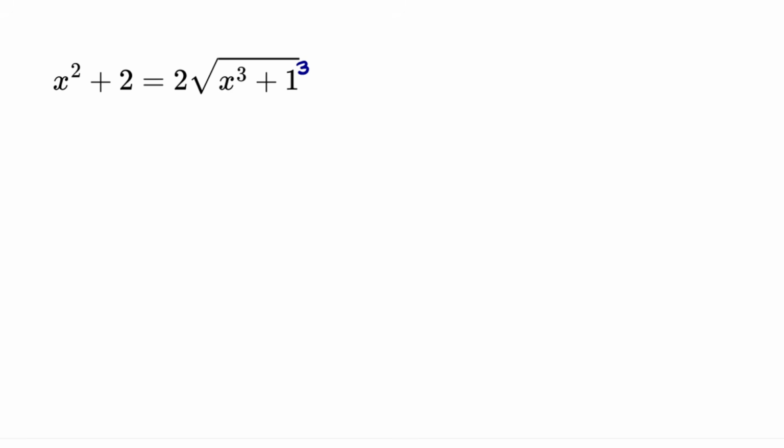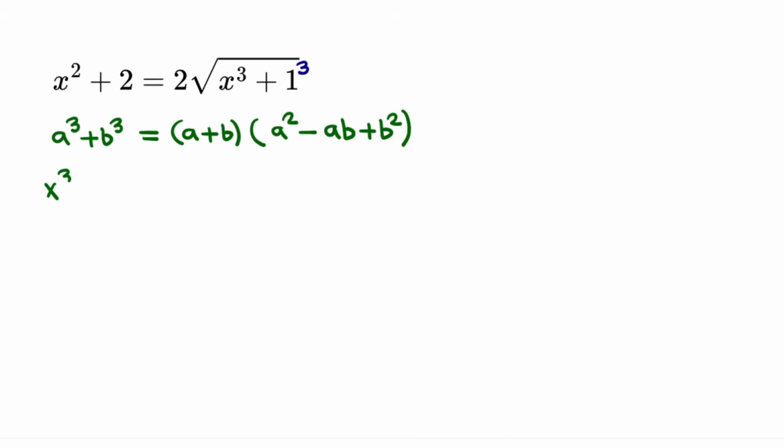It tells us that a cubed plus b cubed equals the quantity a plus b multiplied by the quantity a squared minus a times b plus b squared. Applying that identity, we get x cubed plus 1 equals the quantity x plus 1 multiplied by the quantity x squared minus x plus 1.